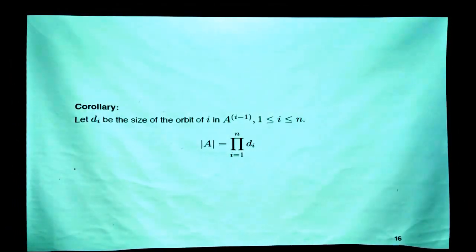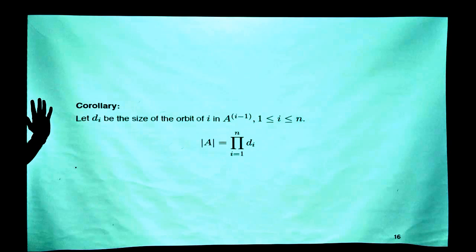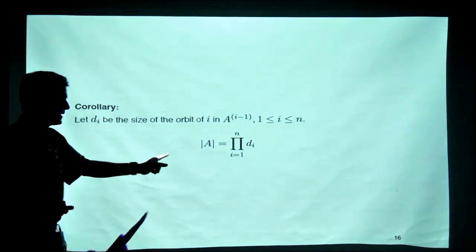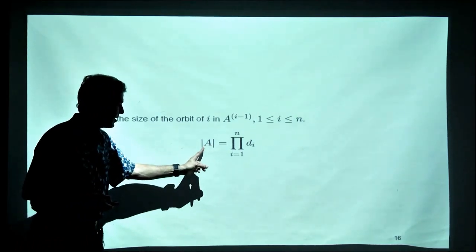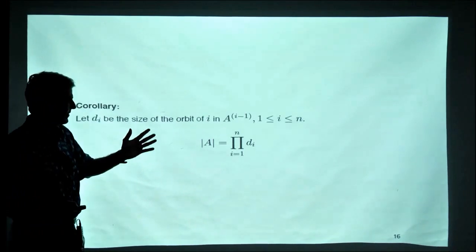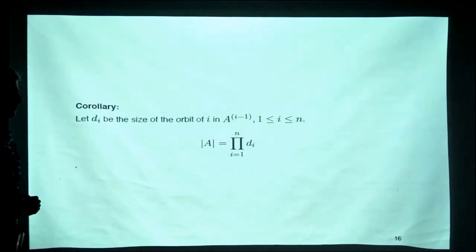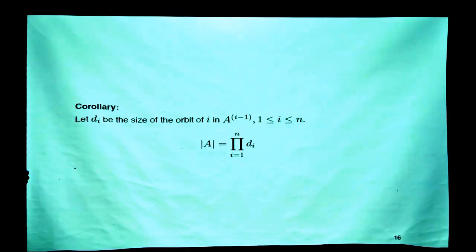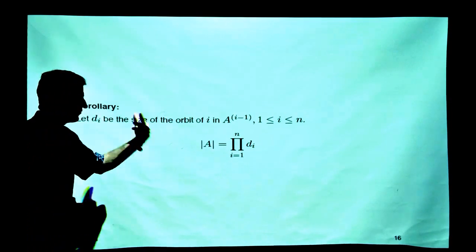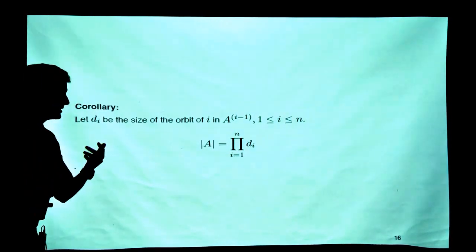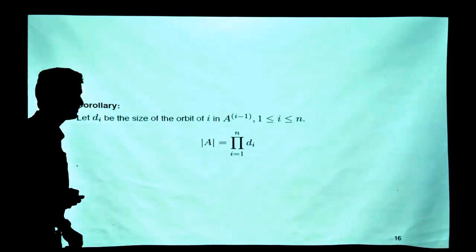And if we do that for the whole tower of stabilizers, then the size of A is the product of the orbit sizes of I in the different stabilizers. So if we have a routine that allows us to compute the orbit, or the size of the orbit, we would have the size.